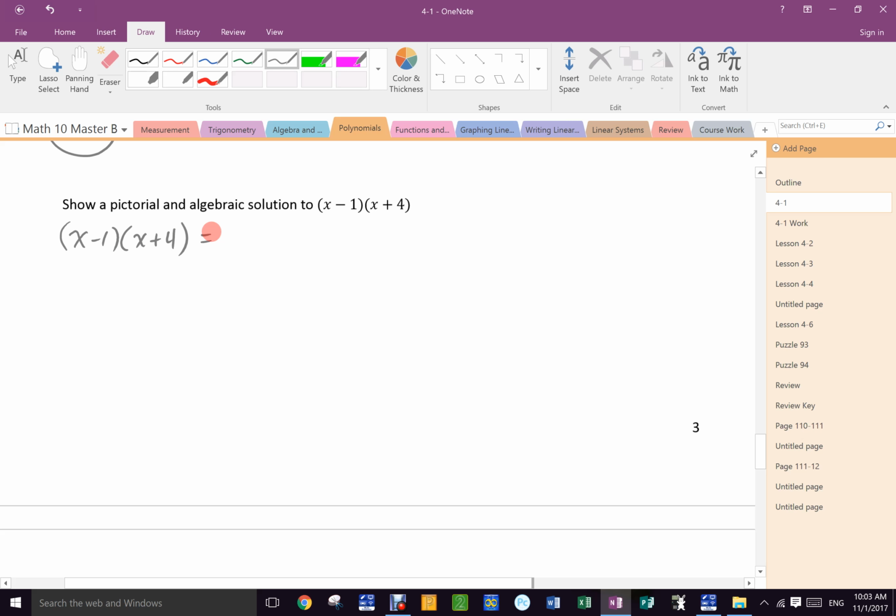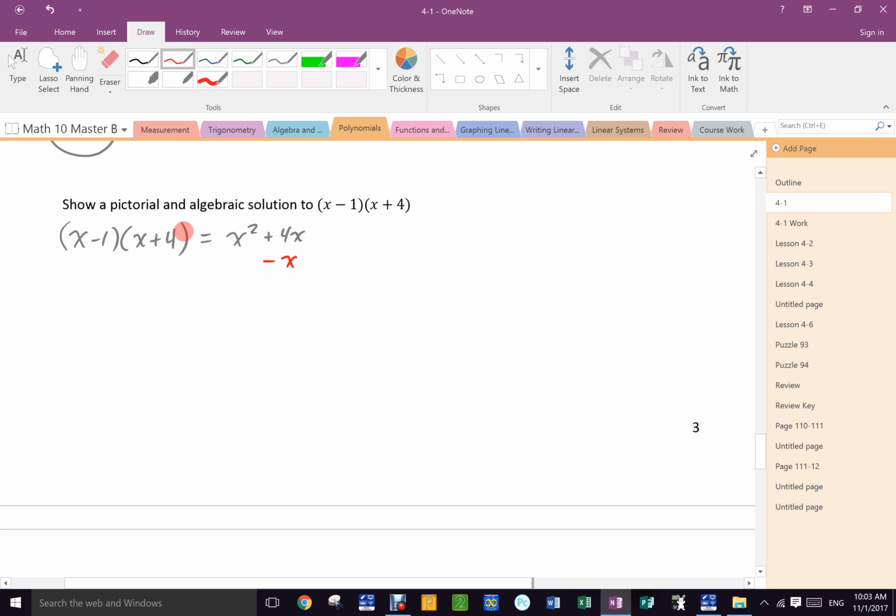I find the easiest way to do this is to start with the first one and distribute. X squared plus 4x. Then I go to the second one and I distribute. Negative 1 times x is negative x. And I put the x's together. And I make a stack.